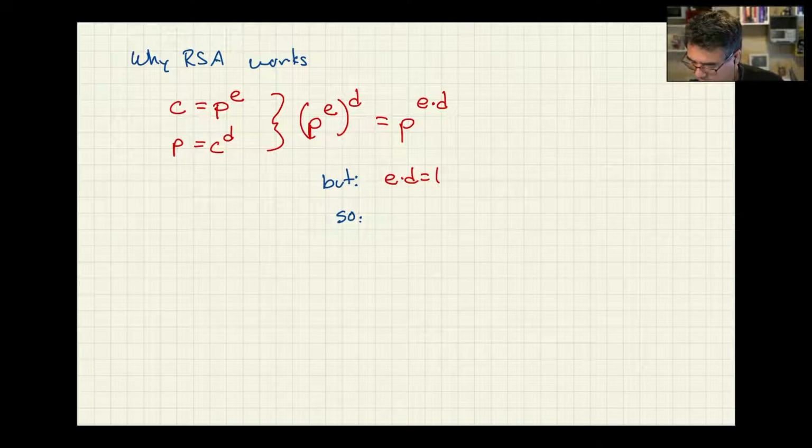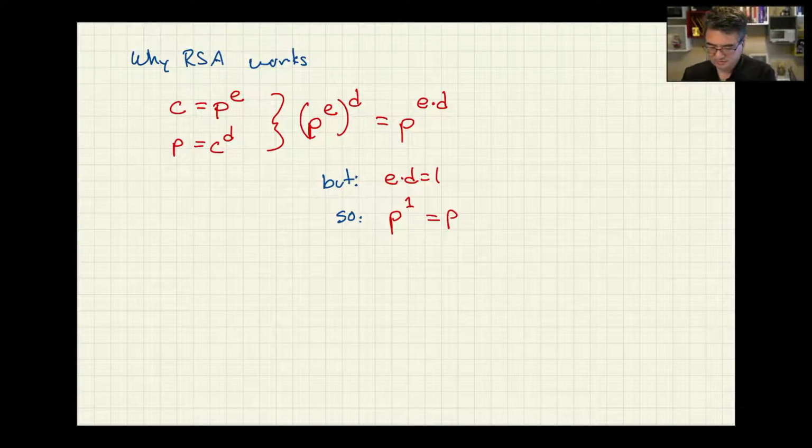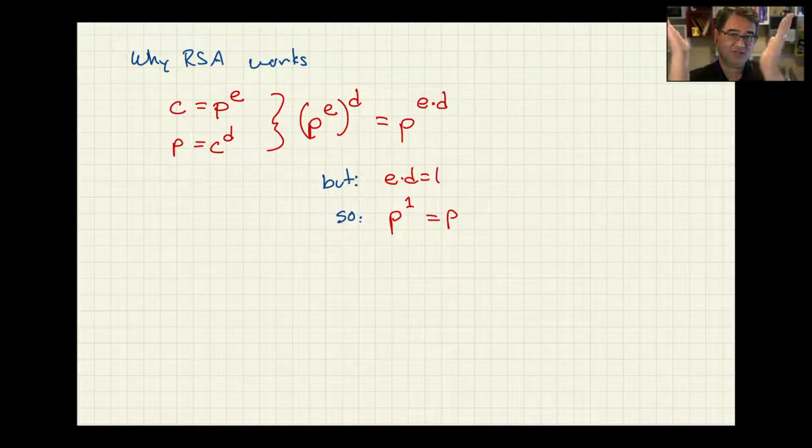So what we're really doing is P to the 1. So when we raise the plain text to an exponent, and then raise that to its multiplicative inverse, we're essentially canceling those exponents out. And then we get the plain text back.